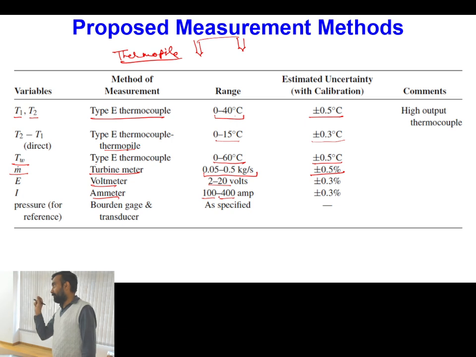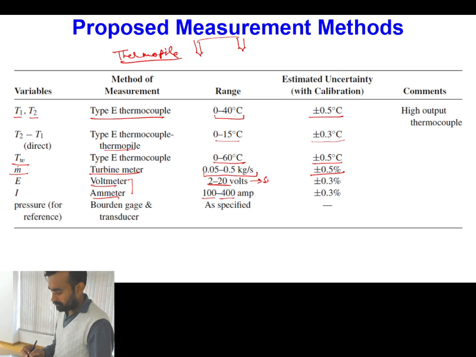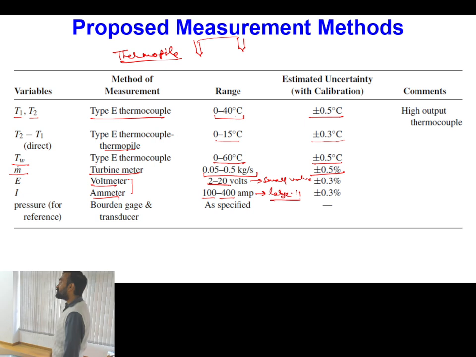Now one important point you can observe over here. This voltage range is 0 to 2 volts, which is a very small value, and current is in the range of 100 to 400 amps, which is a very large value. So why is this type of arrangement used?